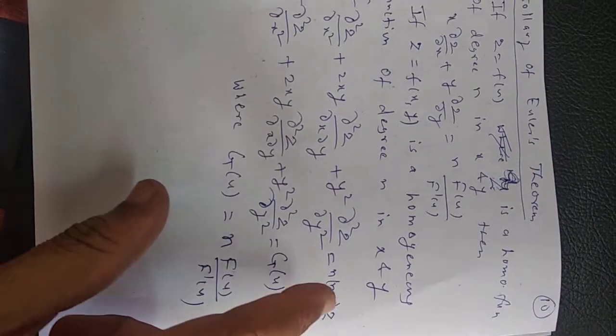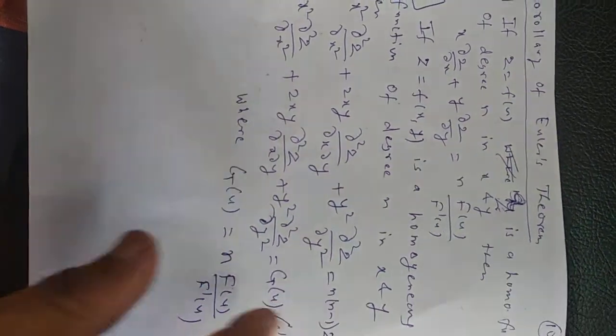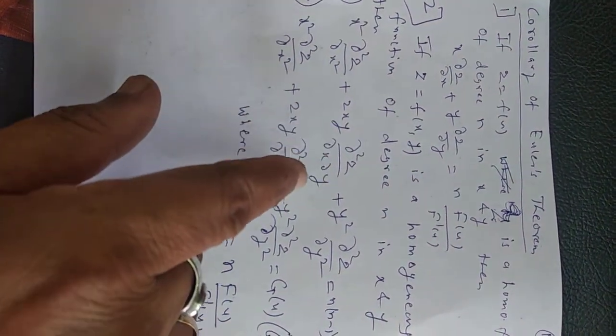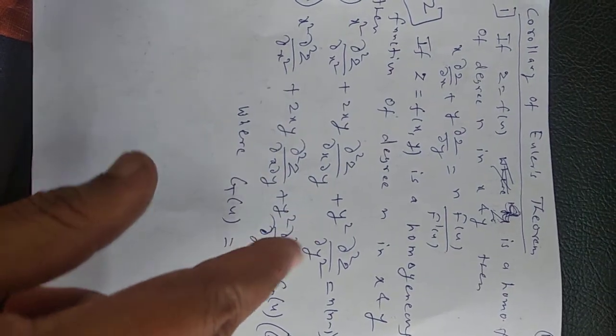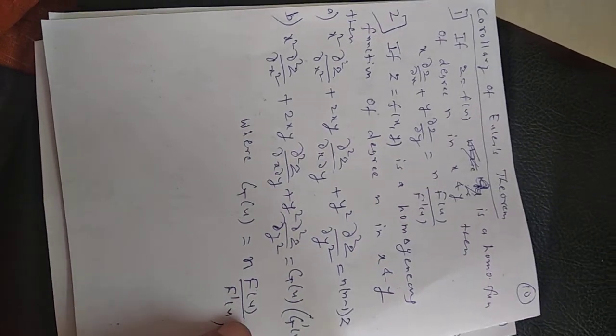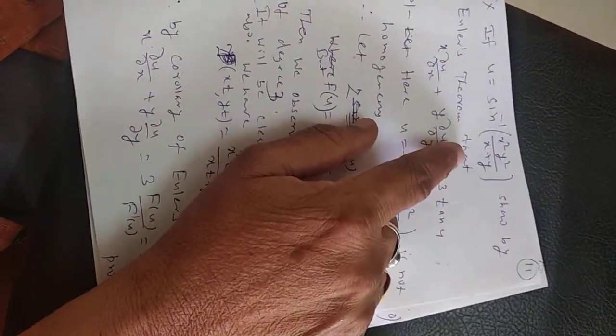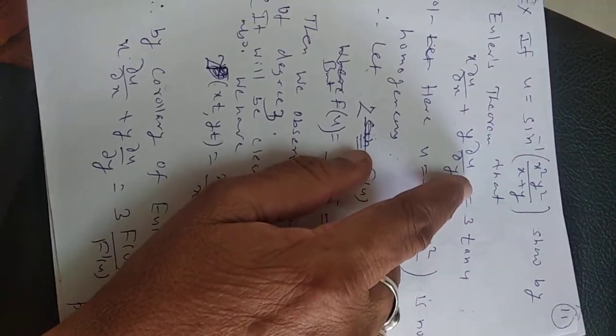Accordingly, you just select one of the results for x² ∂²z/∂x² + 2xy ∂²z/∂x∂y + y² ∂²z/∂y². These corollaries you can also prove; I suppose it is homework for you. You just treat this as an exercise. Examples are important from the point of view of examination.